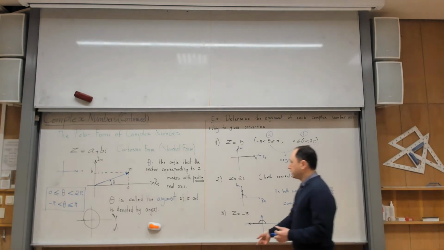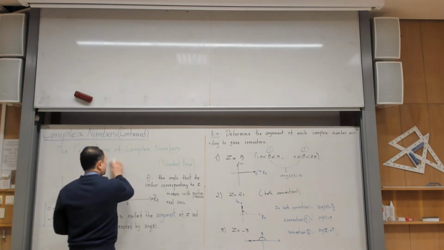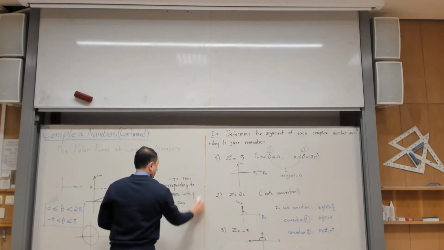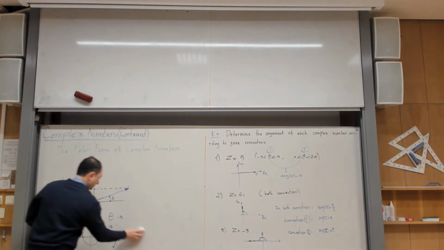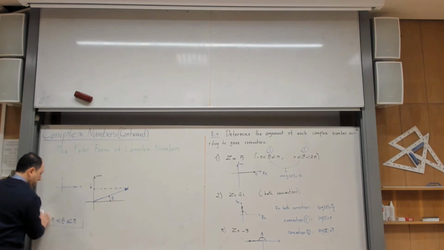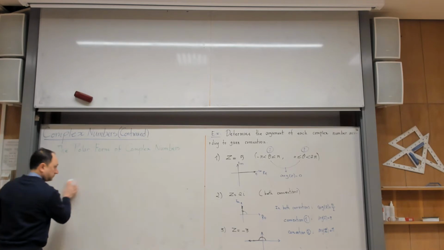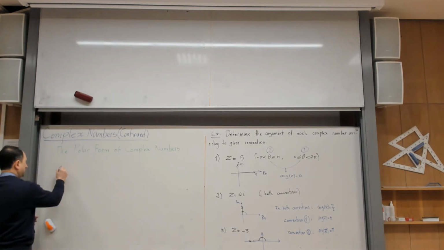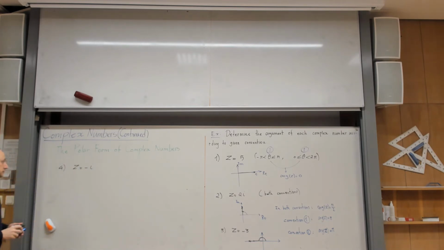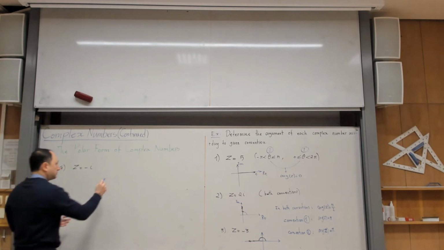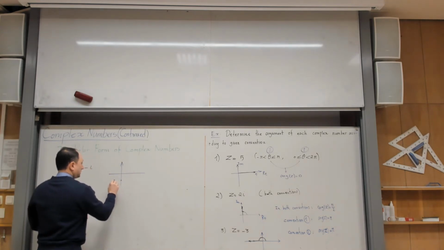Okay, now let us go to the next part of the axis. So here, number 4, if I write z equals to minus i, for example. So I go to the plane, minus i is somewhere here.